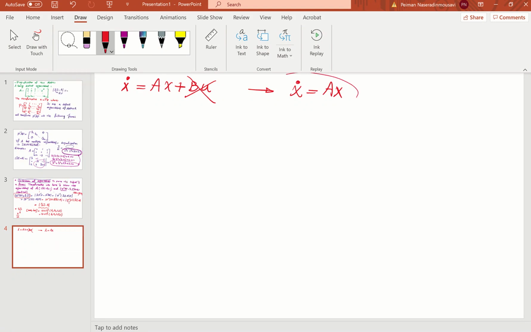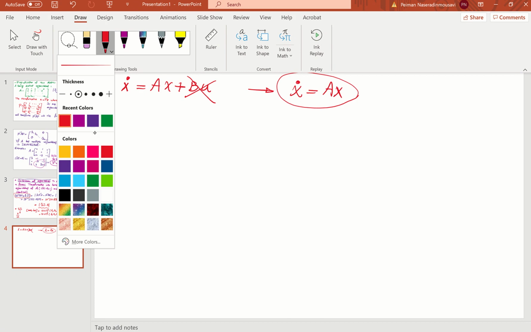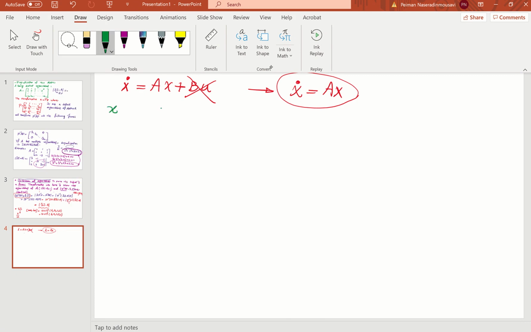Remember, guys, I want to find the solution of this dynamical system. Remember that in differential equations, A here is a matrix, but there it was a scalar, right? So how were we solving this? We were assuming the general solution X is equal to e^(st).